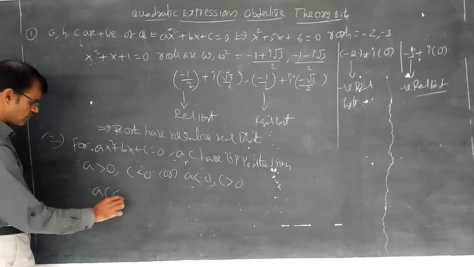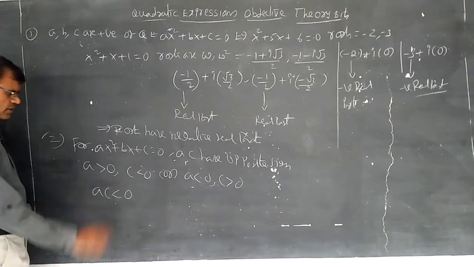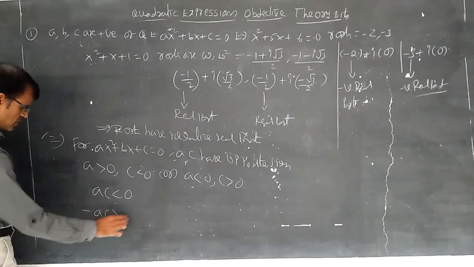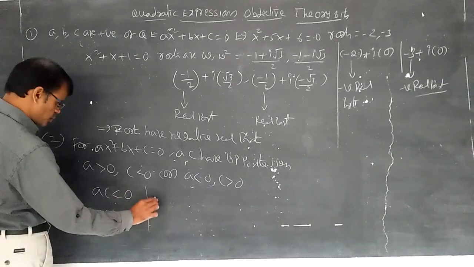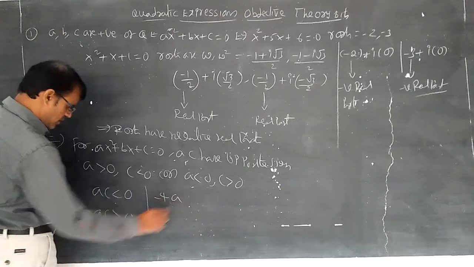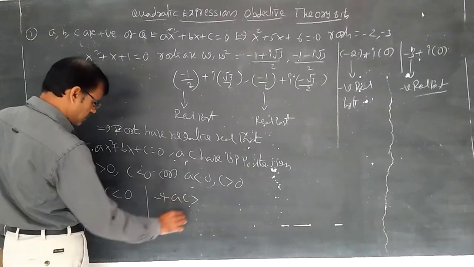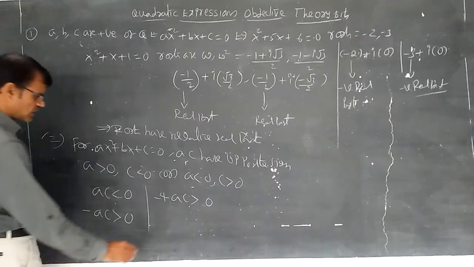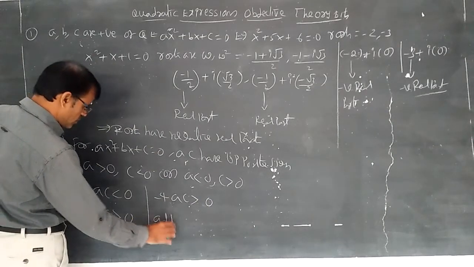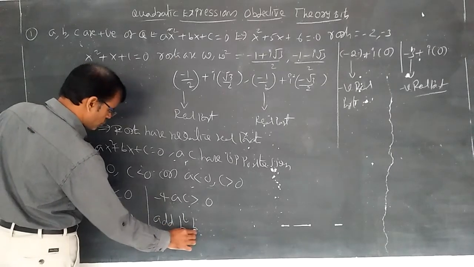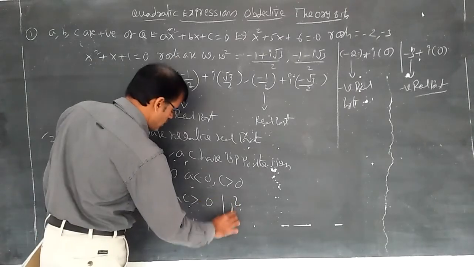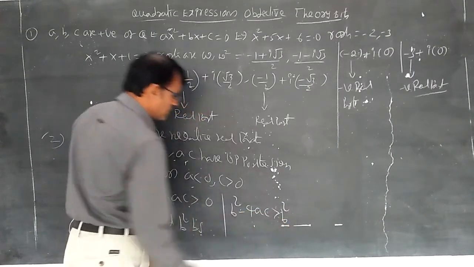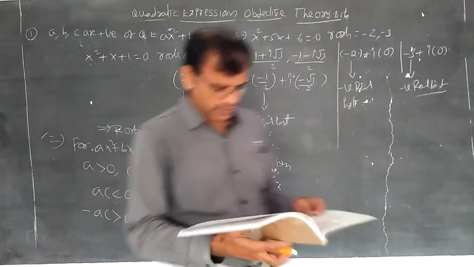Now, the product will be negative, so AC less than 0. Multiply both sides by minus: minus AC becomes greater than 0. Again, multiply by 4: minus 4AC is also greater than 0. Add B square to both sides. Now what will happen, students? B square minus 4AC is greater than B square, which we have added.